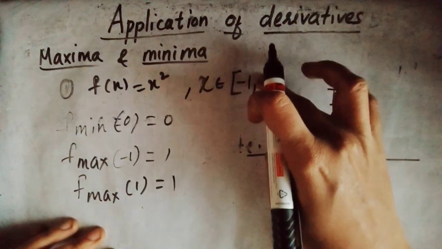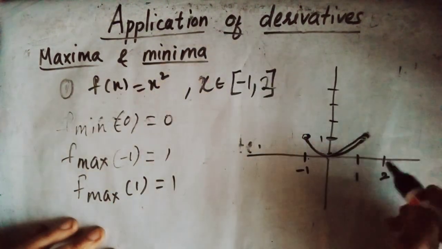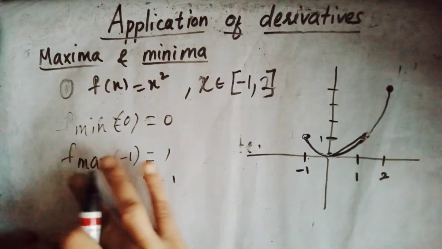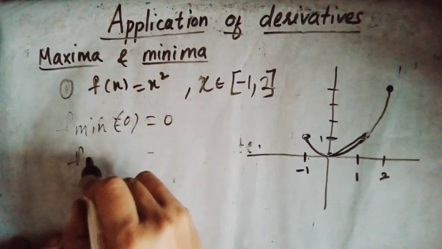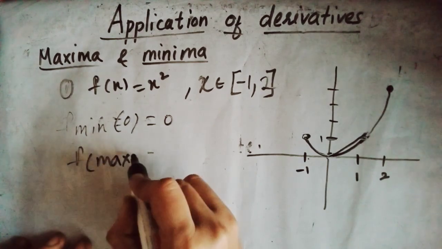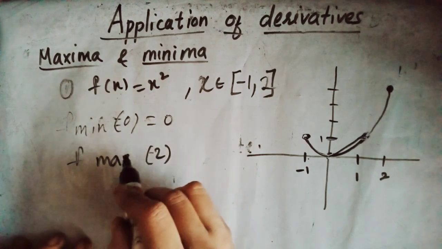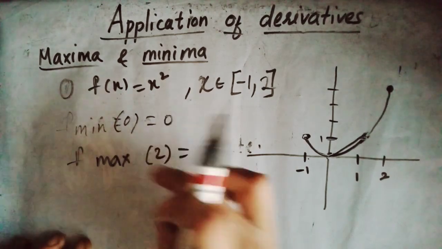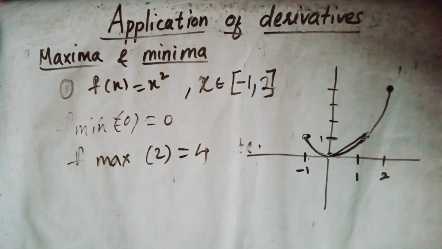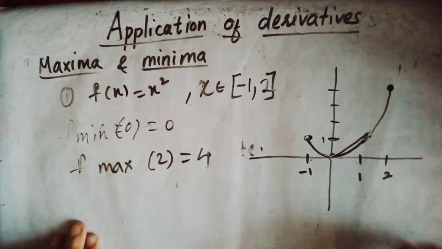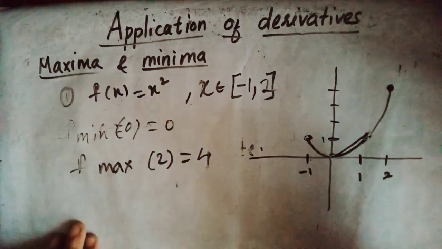If I take here say 2, then it will be 4, so f maximum will be at 2 and minus 2, it will be 4. So this way you can find maxima and minima of a given function by drawing the graph.